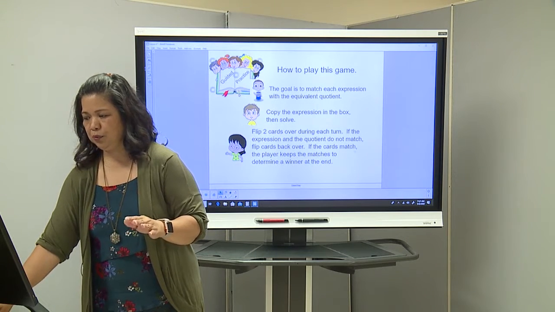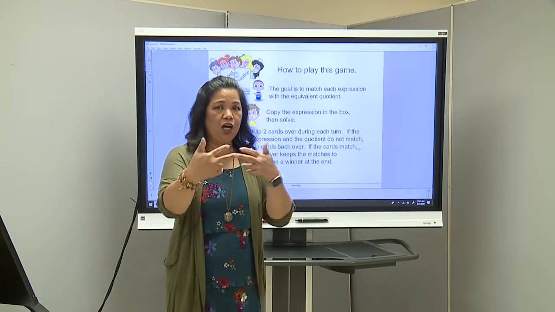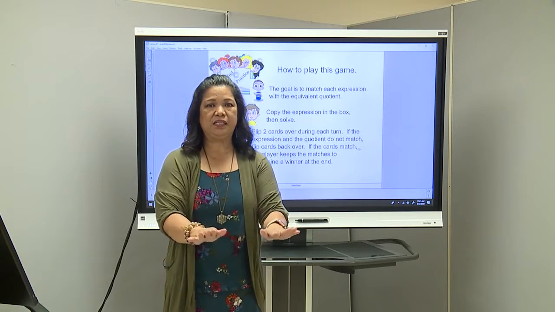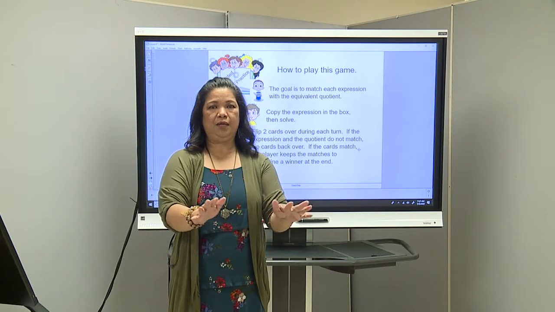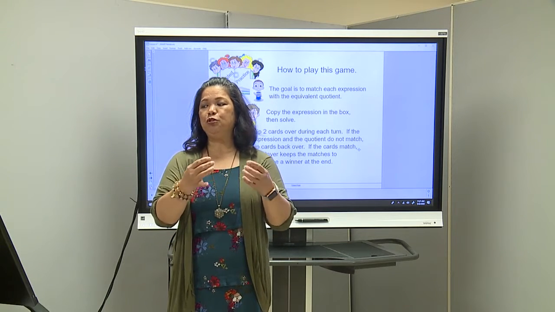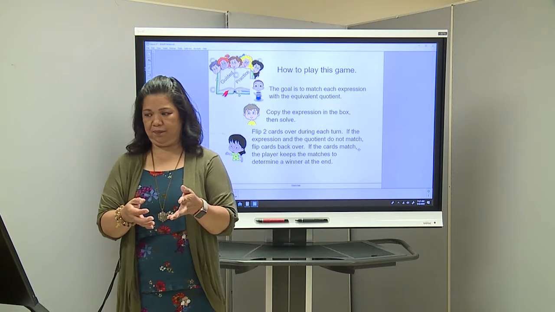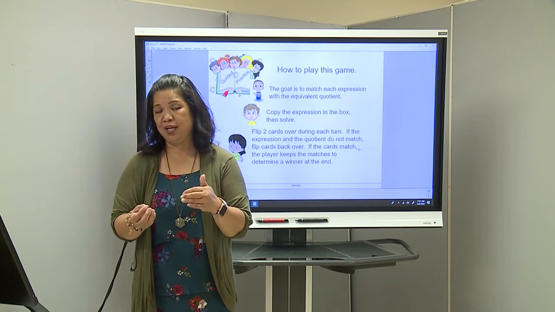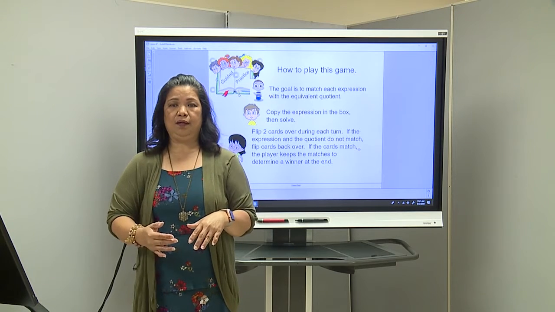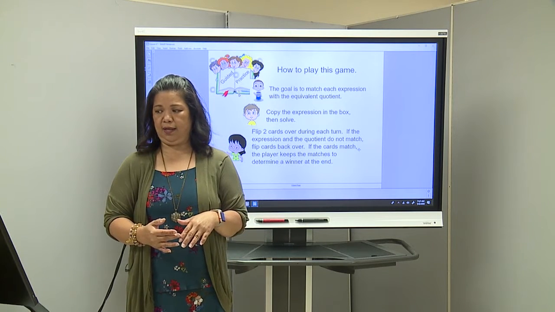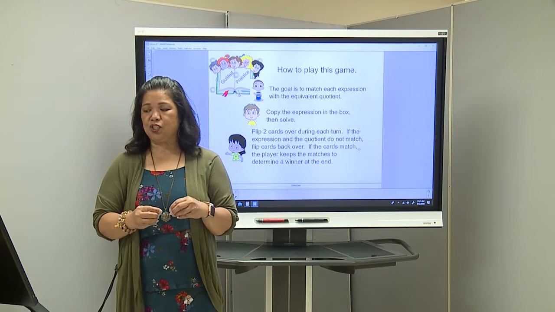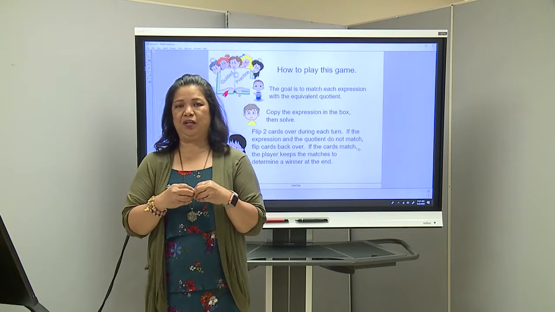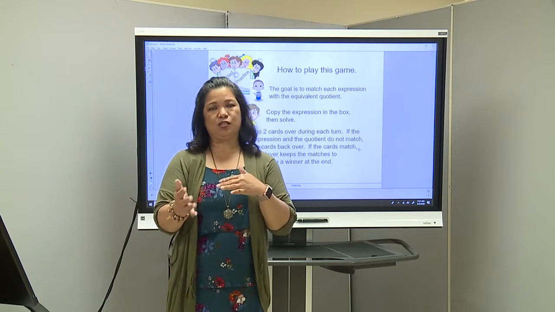And this is what you're going to do. These cards, remember that you created and you cut, put it face down on the table, and then flip 2 cards each time. If the expression and the quotient do not match, then you flip it back over. Okay? If the cards match, then the player keeps the matches to determine a winner at the end. So that's why it's called memory game.